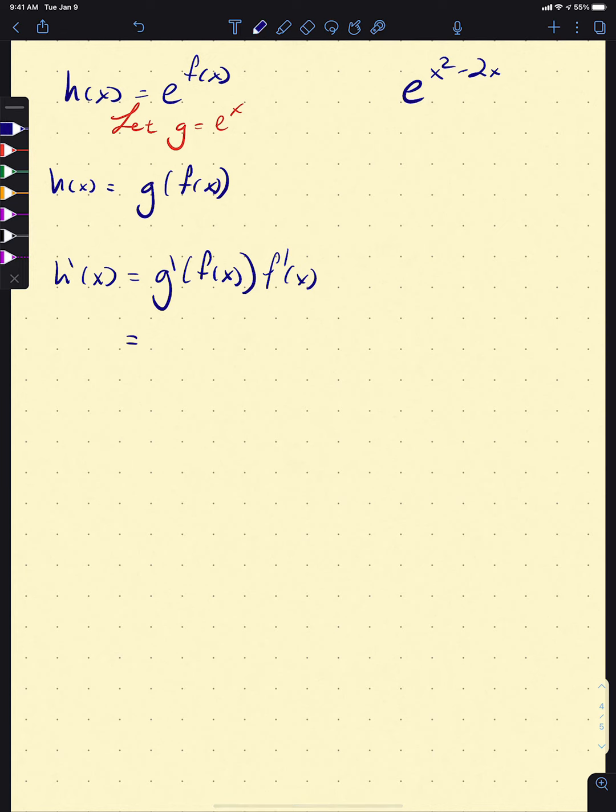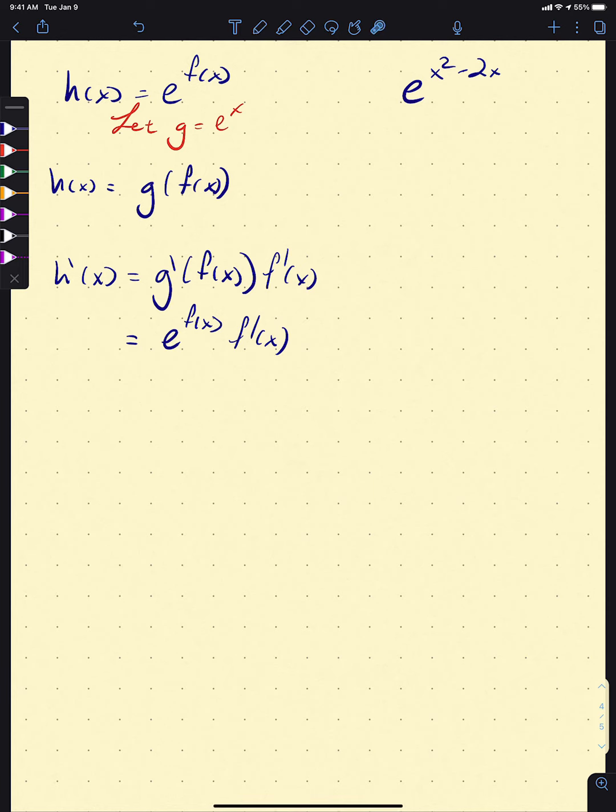So that means that h prime of x is going to be g prime of f of x, but g prime is just g, so this is just going to be e to the f of x times f prime of x. So rather than breaking this up, we can solve it much simpler.